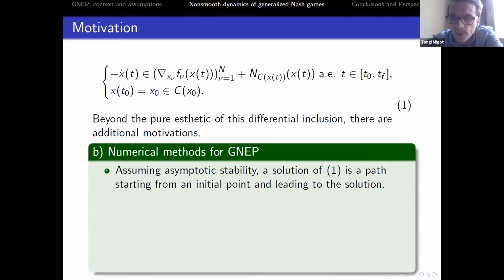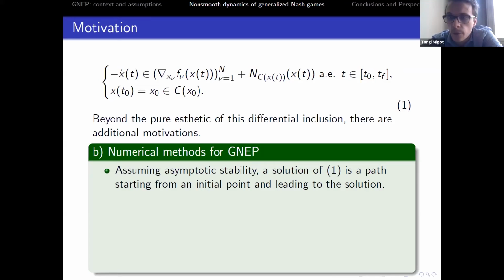And another motivation, which is really the one I want to share with you, is from the point of view of a numerical method. So if we assume that there exists a solution to this dynamics, and we know that the stable states are asymptotically stable, then really a solution of this differential inclusion starting from the initial point x0 goes to the solution.